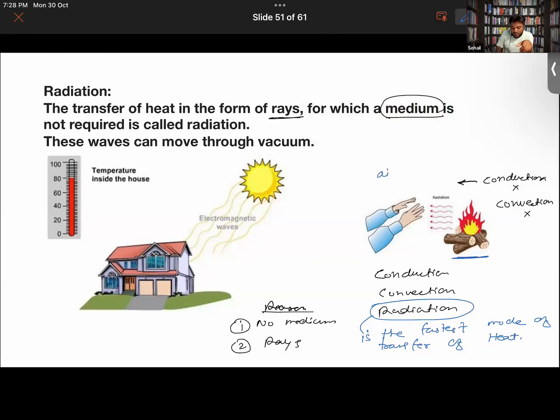Why can heat not reach us from a room heater and fireplace by conduction? Because हमें पता है ना, air is a poor conductor of heat, guys. Yes, we did talk about good and bad conductors of heat. So air was one of the examples of it, isn't it?